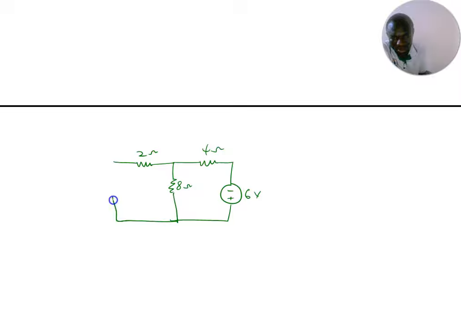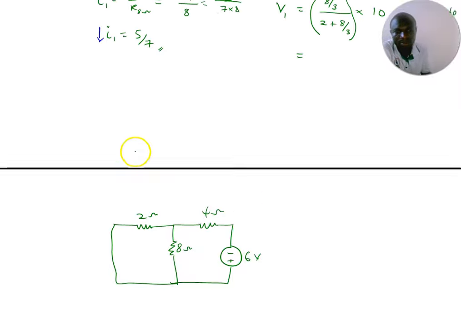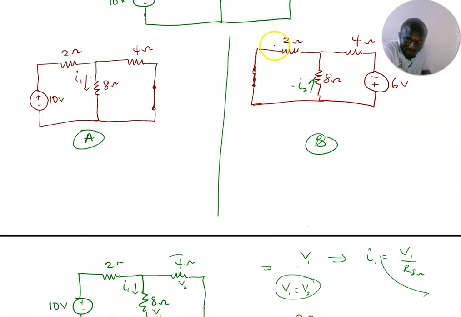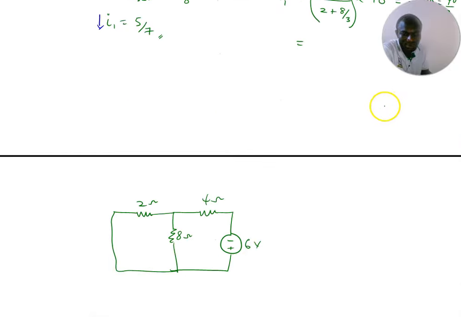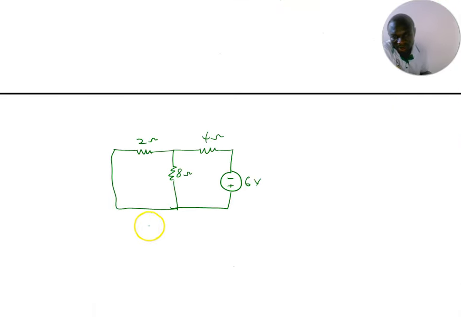Okay, so this is how the circuit looks like. That's the B part. We have the 2, 8, 4, 6. Are you okay? So the same applies to the polarity, the same thing. When we analyze it, we saw that it was moving upward. That was I2. So this one too, we can do the same to it.